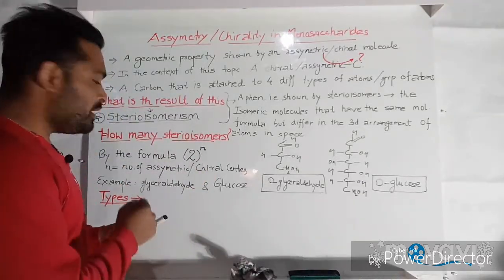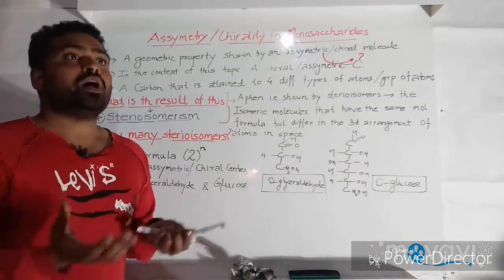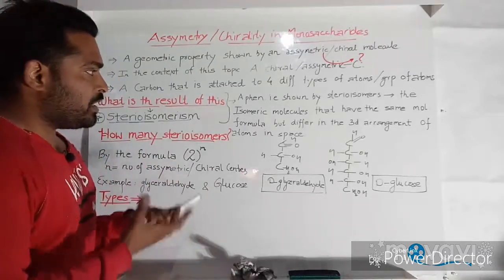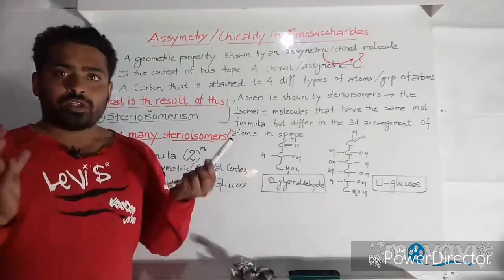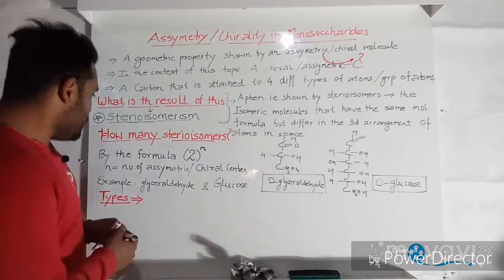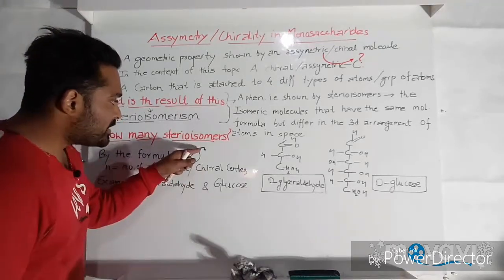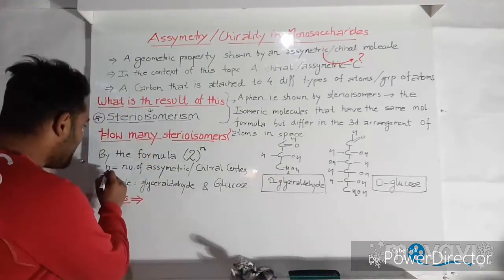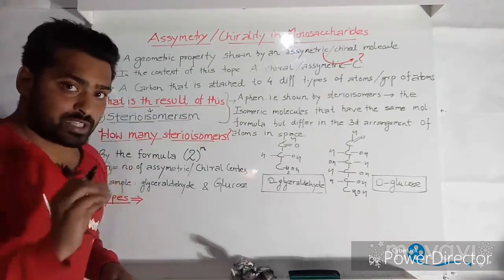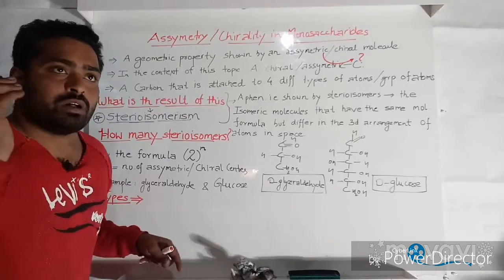You can solve any question in which you are asked how many stereoisomers you can have from a particular given compound. In this case we have 2 raised to the power n. Here n is the number of asymmetric or chiral carbon centers.